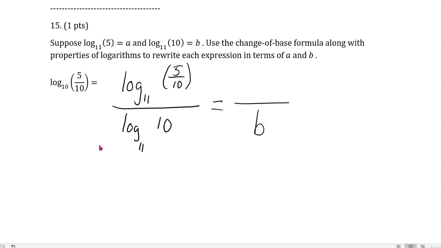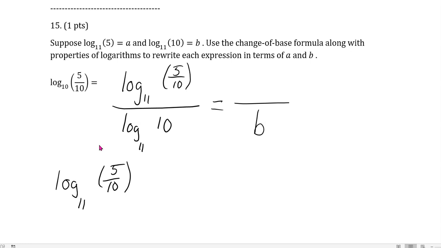What about the numerator? I need to come to the side to see if I can split this up somehow. Coming to the side to do some scratch work, I have log base 11 of the quotient 5 divided by 10. I don't want to reduce the 5 over 10 because my expressions have 5s and 10s in them. Otherwise, I would reduce it to 1/2.